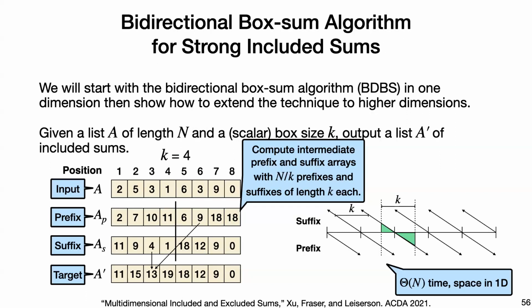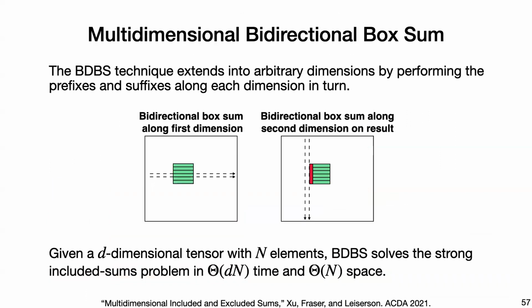So this solves it in one dimension. To do it in arbitrary dimensions for the included problem, you just do it along each dimension. In 2 dimensions, first you do it horizontally. It doesn't matter what order you do them in. Each row is decomposed into k-size windows, where the k-size windows are horizontal.